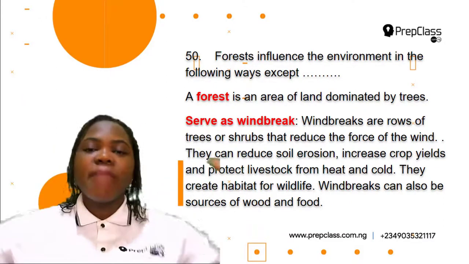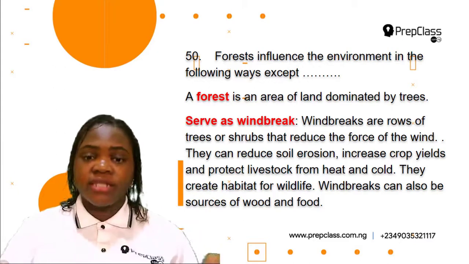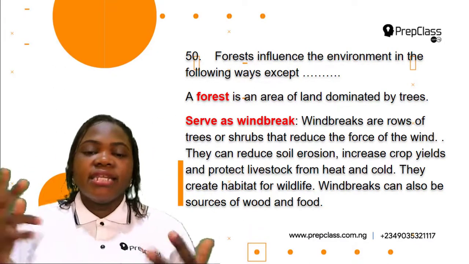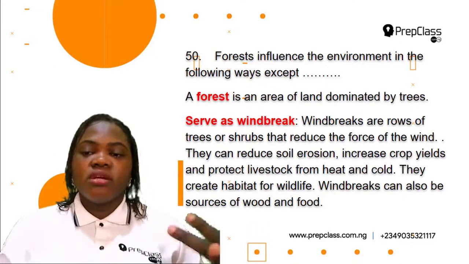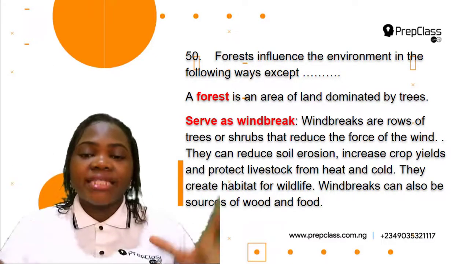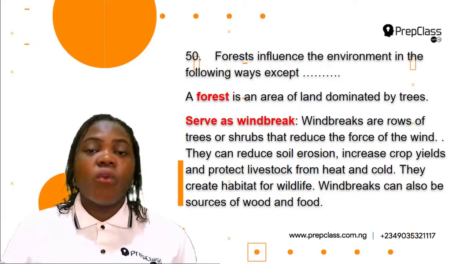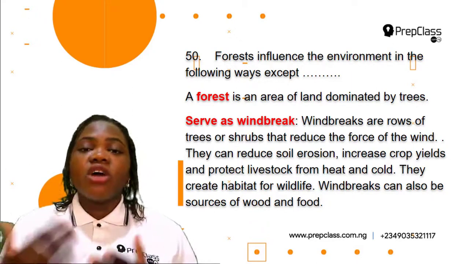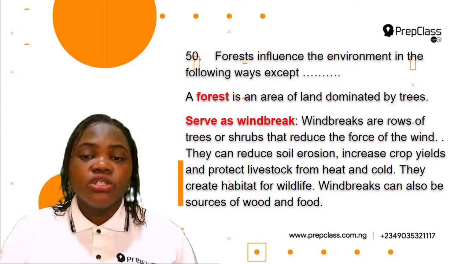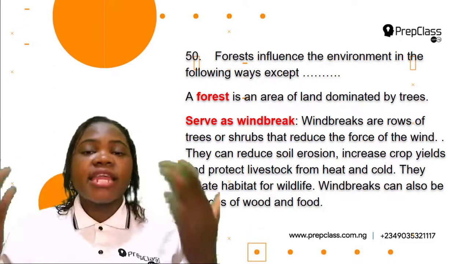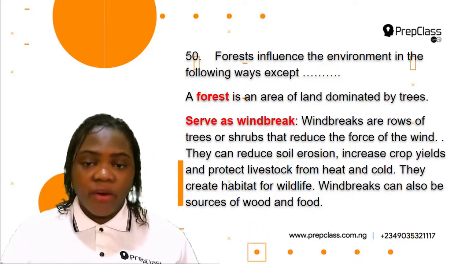So when there are so many trees in a place, that is a forest, there would be reduction in the force of the wind. This can reduce soil erosion, increase crop yields, and protect livestock from heat and cold. They create a habitat for wildlife. Windbreaks can also be sources of wood and food. So you can see that windbreak is an influence of forest on the environment.